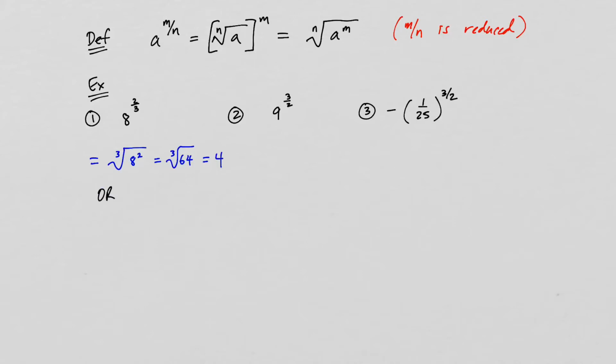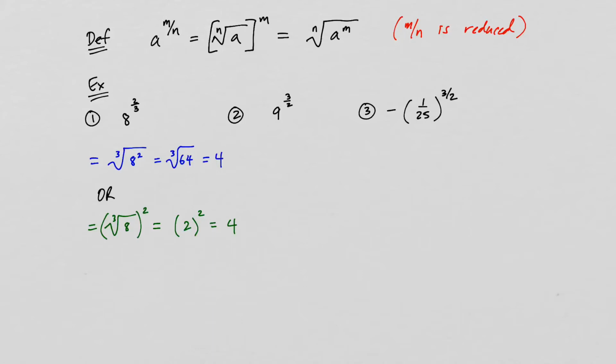Or the other way to do it is you still have a cube root, but we're going to take the cube root of 8 first, and then we will square it when we get done. The cube root of 8 is 2, and 2 squared is 4. So notice you get the same answer either way.